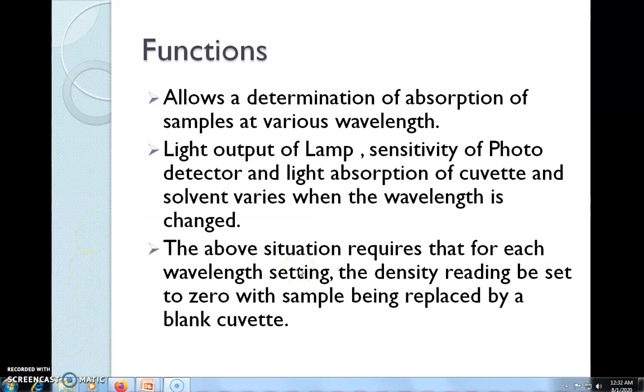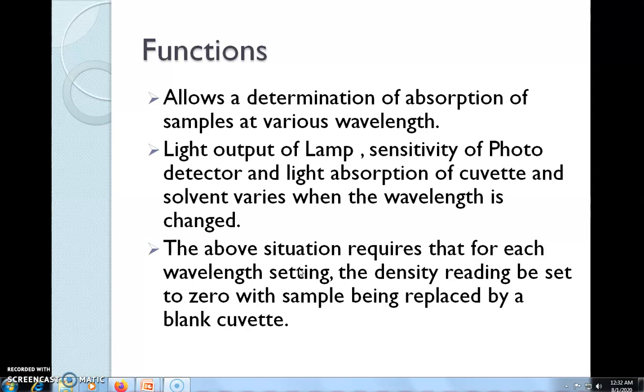Now we discuss the functions of a spectrophotometer. It allows the determination of absorption of samples at various wavelengths. That is the main function of a spectrophotometer. The light output of the lamp, as well as the sensitivity of the photodetector and the light absorption of the cuvette and solvent, varies when the wavelength is changed. That is the basic principle in a spectrophotometer.